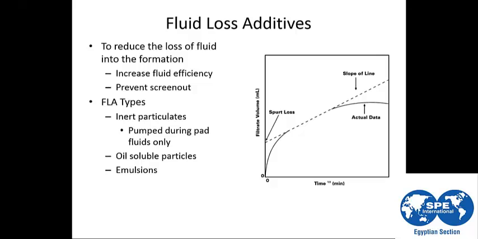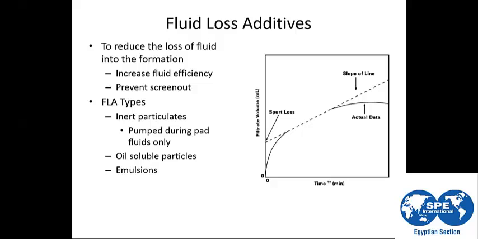There is another type of fluid loss additives called oil soluble particles. Oil soluble particles were designed to be soluble in oil, not water. This will give you the advantage that once we performed the frac job and succeeded in placing the proppant, we will start the unloading to recover the frac fluid, and then the oil will be in direct contact with these particles.